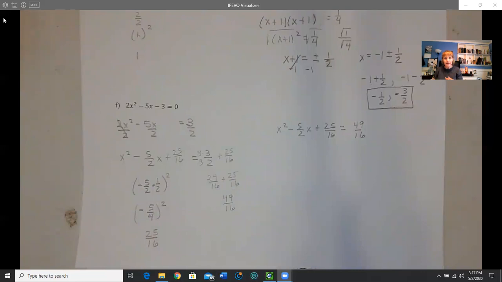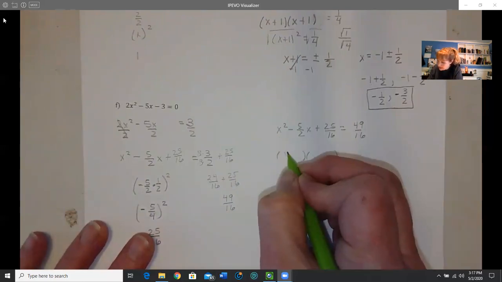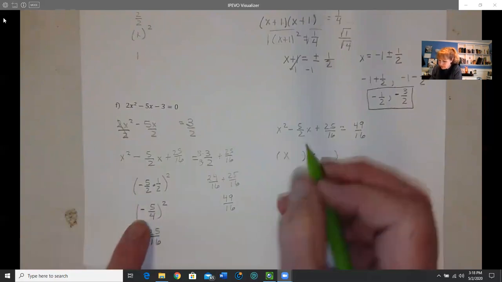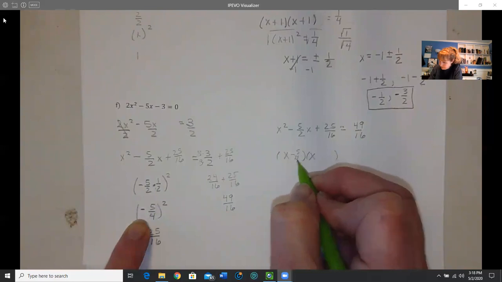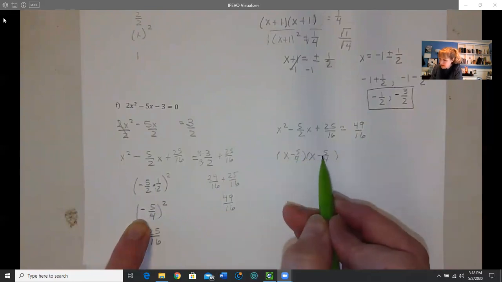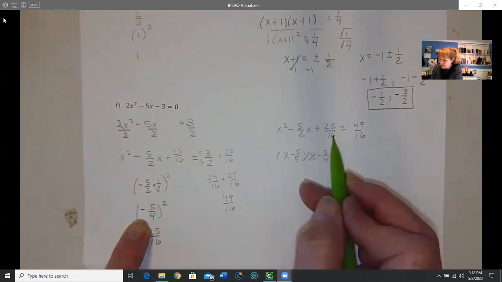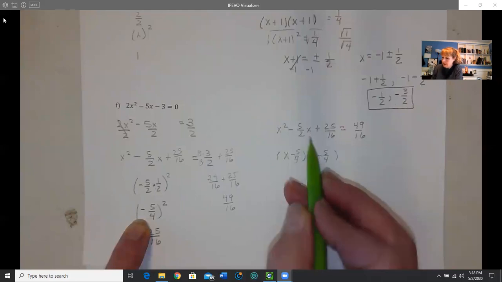Okay, let's factor that left. And again, I know what goes in the last spot. It's the number I squared, which was a -5/4. The last times the last is a positive 25/16. -5/4 and a -5/4 is a -5/2.